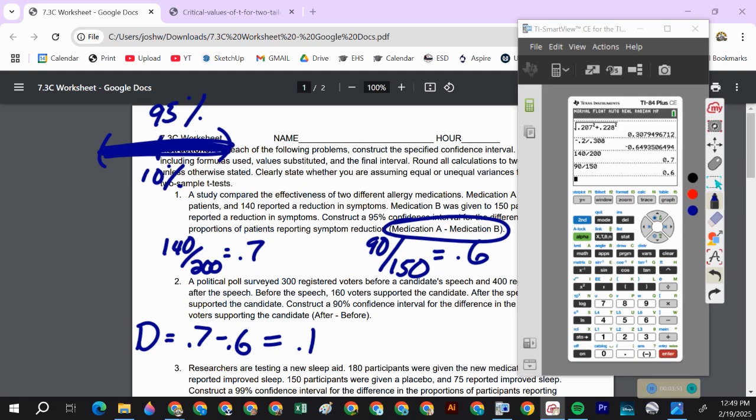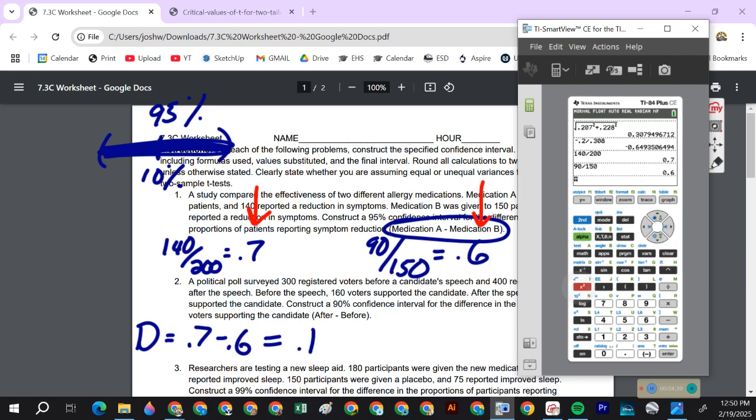so we need the standard errors for both of those measurements. So we need the standard error for this and the standard error for that, also known as the standard deviation of the sampling distribution. So I'm going to take 0.7. Do you guys remember the formula? Oh, it's not 0.7, sorry.